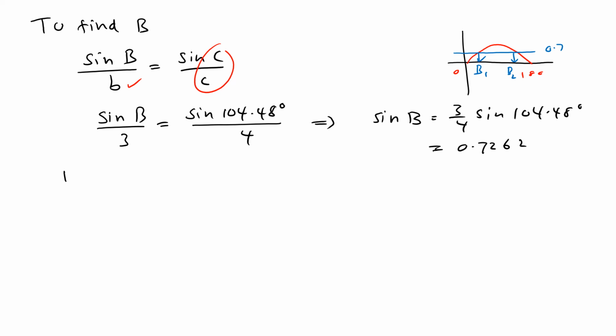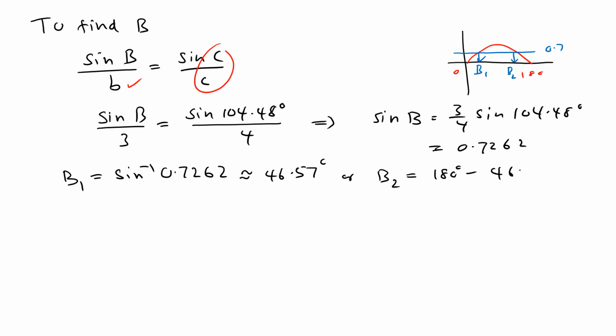B1 is simply sine inverse of 0.7262, which is roughly 46.57. To find the other value, B2, it is 180 minus that angle.